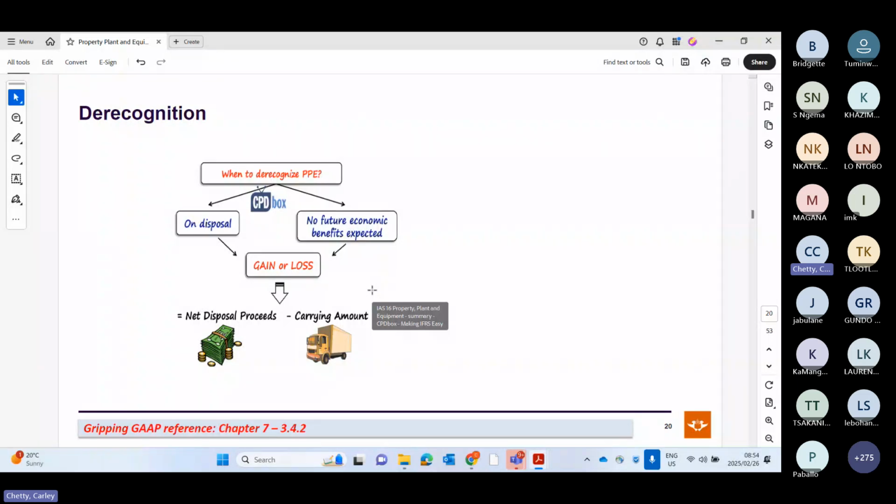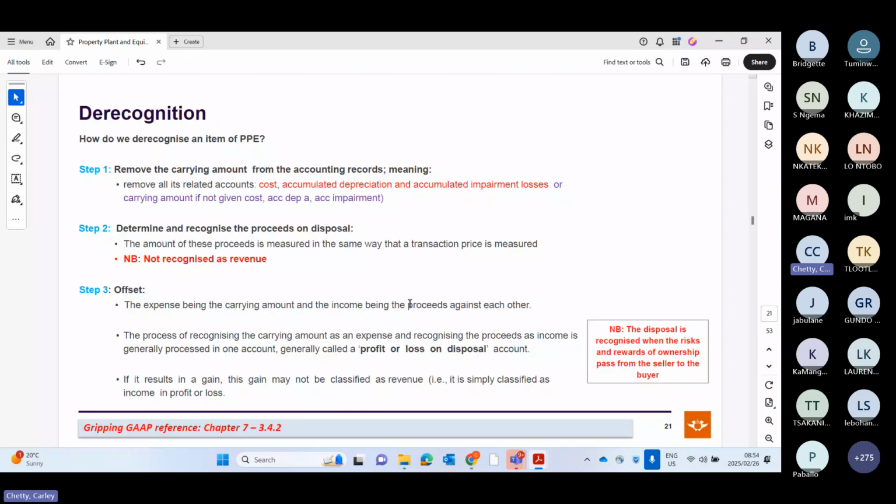So these are the steps that we're going to follow when we derecognize an asset. So we need to remove the carrying amount from the accounting records, meaning we're going to remove all its related accounts: costs, accumulated depreciation, and accumulated impairment losses. So we are going to remove this from our accounting records.